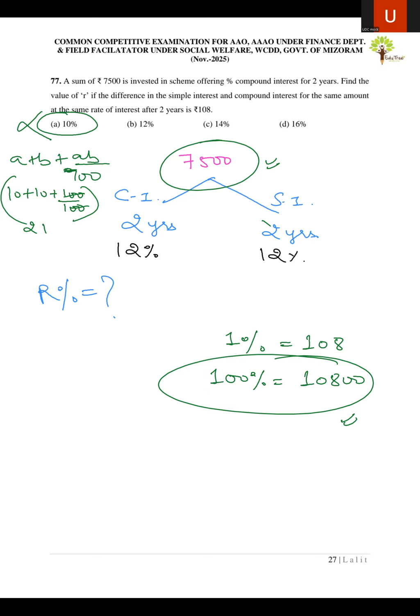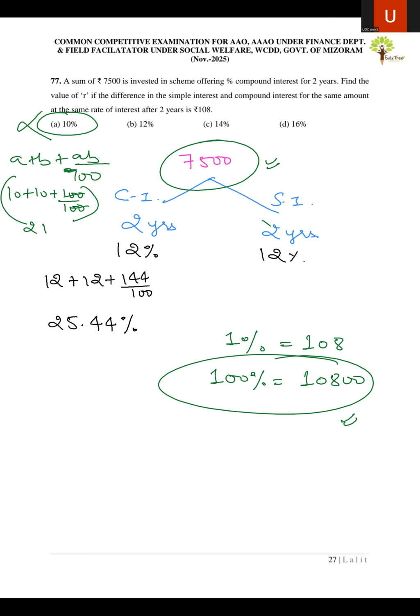So it will be how much? This will be A plus B plus AB, that is 144 divided by 100. So this will be 12 plus 12 is 24, plus 1.44, that is 25.44. So 25.44% is the compound interest.